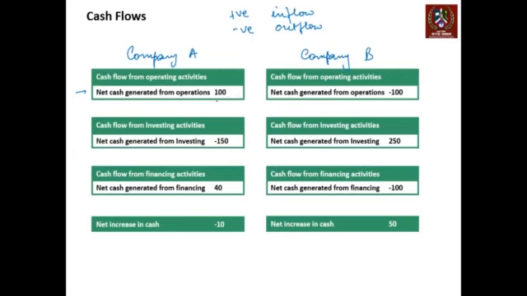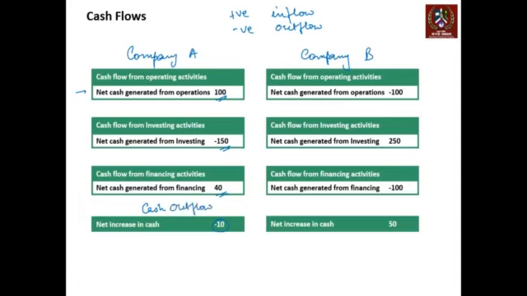We have a company that generates 100 crore, let's assume this is in rupees crore, from operations. It invests about 150 crore and it raises some money either through debt or equity. Let's assume debt, 40 crore. There's a net change in cash of minus 10, which means there is a cash outflow during the year.